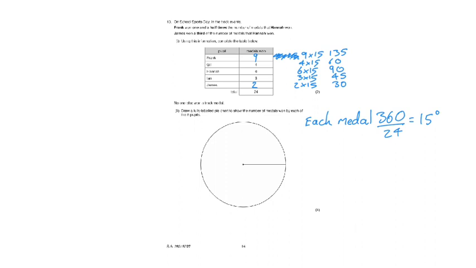If we've done this correctly, it should add up to 360. Let's just check, because I've done that mental arithmetic very quickly. Comes to 360, so I know that I've got it right.